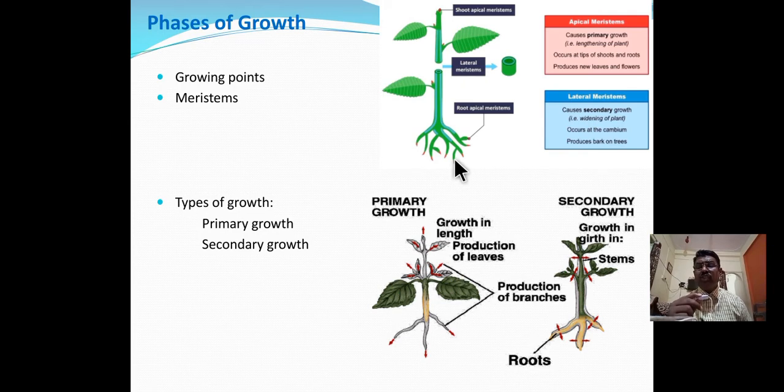The growth due to the lateral meristem is called secondary growth, while the growth due to the apical meristem and intercalary meristem is called primary growth.